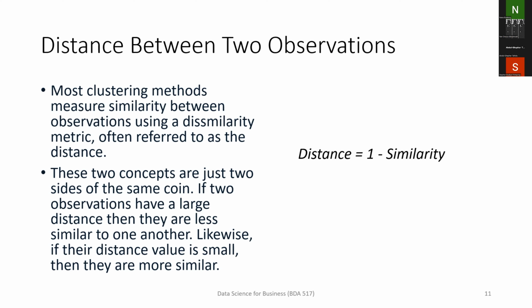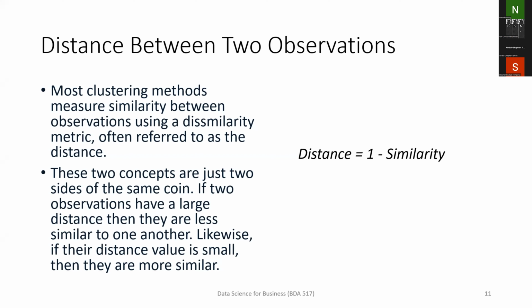Let's assume that similarity is 1. If something is the same, then there's no distance. The distance here is going to be 0. Similarity of 1 means the same thing, so the distance will be 0.